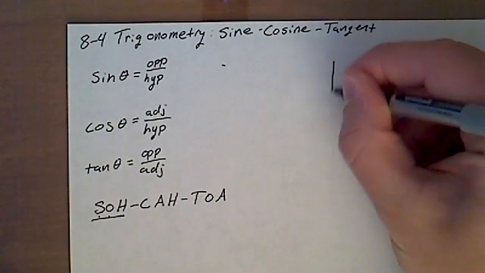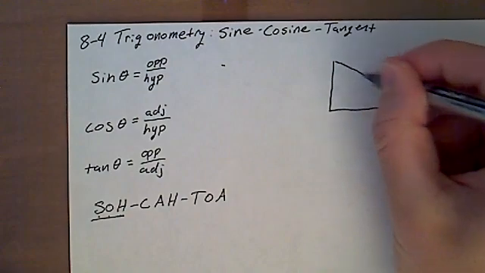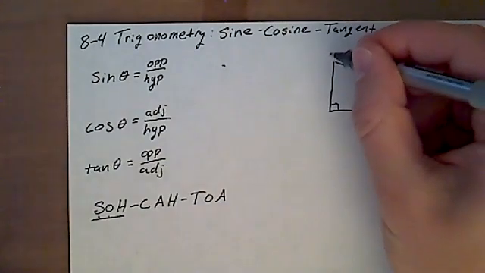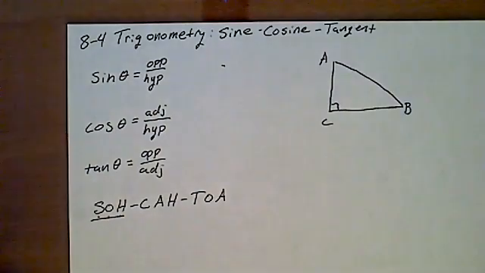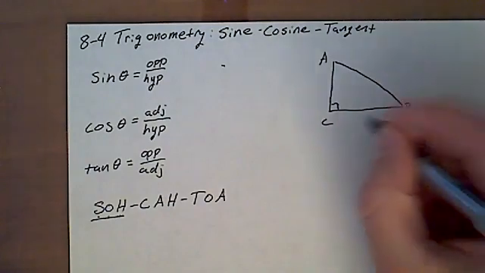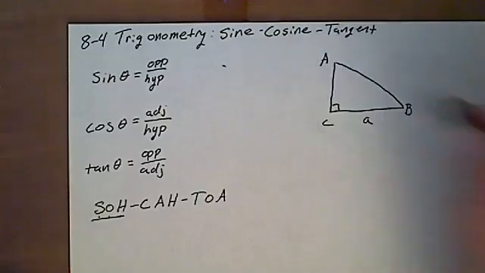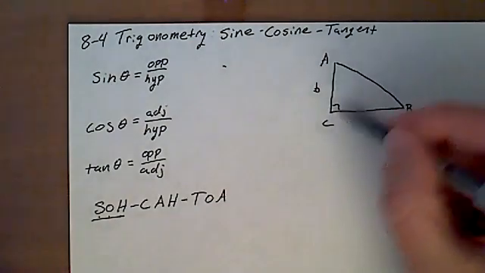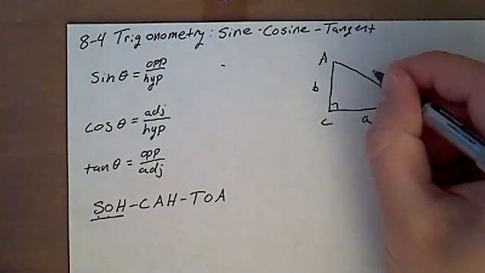So if we have a right triangle, and let's call this triangle A, B, C. The side opposite, that is across from angle A, is side A. The side across from angle B is side B. And across the right angle, which is called the hypotenuse, is side C.